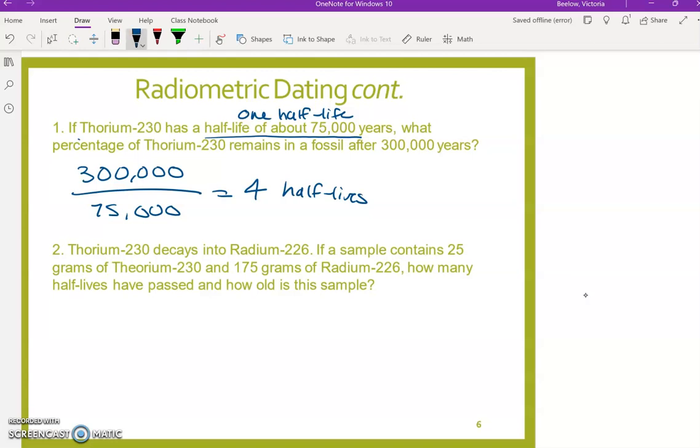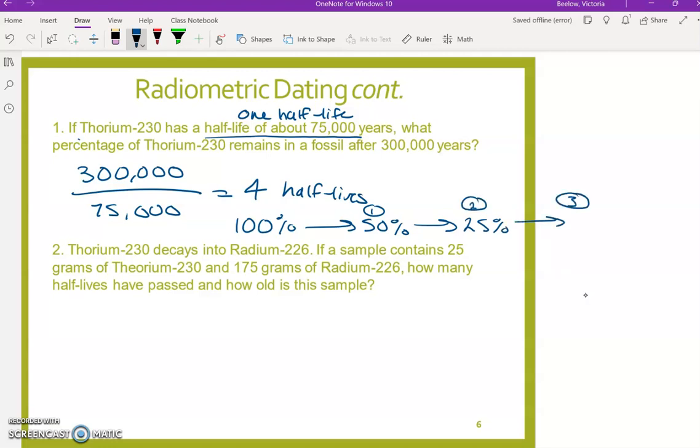So it's asking for the percentage. So if 4 half-lives have passed, well, if I started with 100%, 1 half-life would be 50%, right? Because half of 100% is 50%. So that would be 1 half-life. If another half-life were to pass, that's half of 50%, which would be 25%.